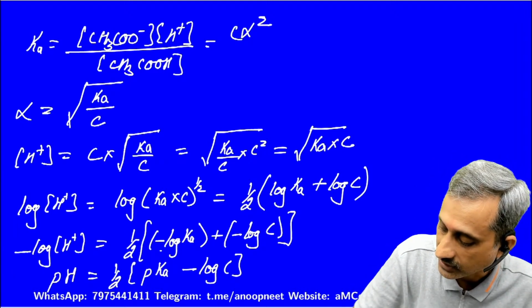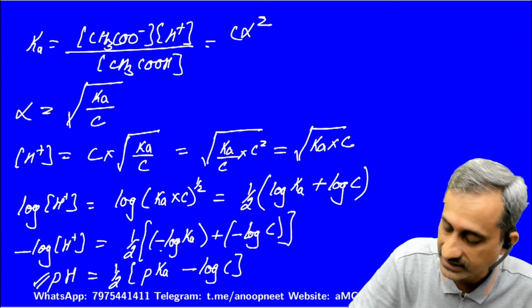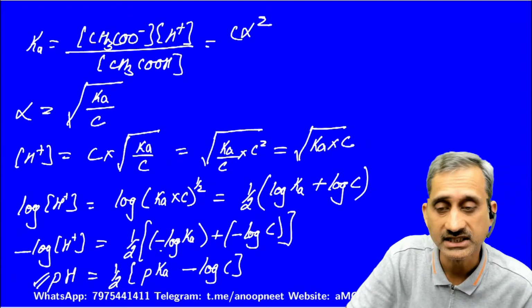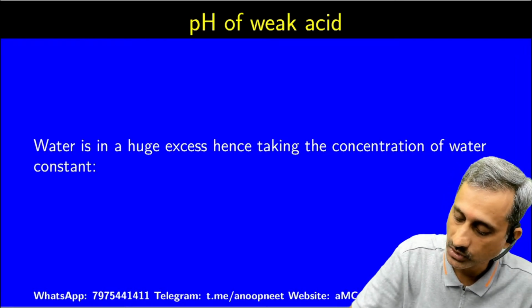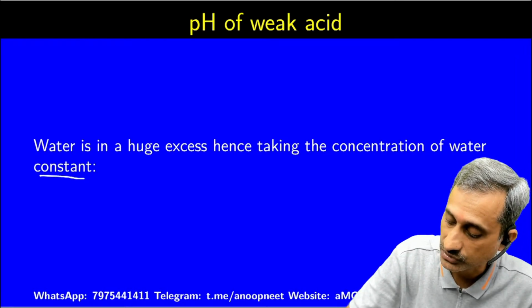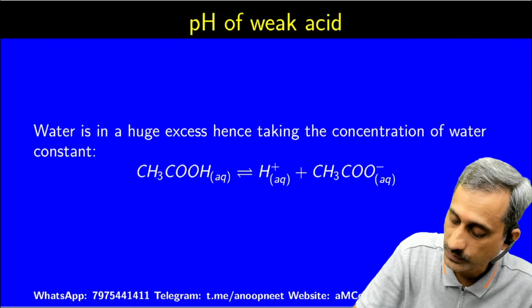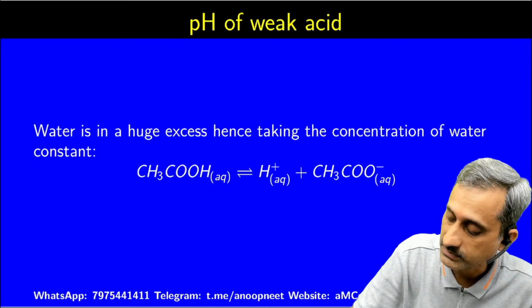So this is what we have, and this is how we can find the pH of a weak acid. So this is the formula for the pH of a weak acid. Here water is in huge excess, hence the concentration of water is taken as constant. What we get: CH3COOH aqueous is in equilibrium with H plus and CH3COO minus aqueous.